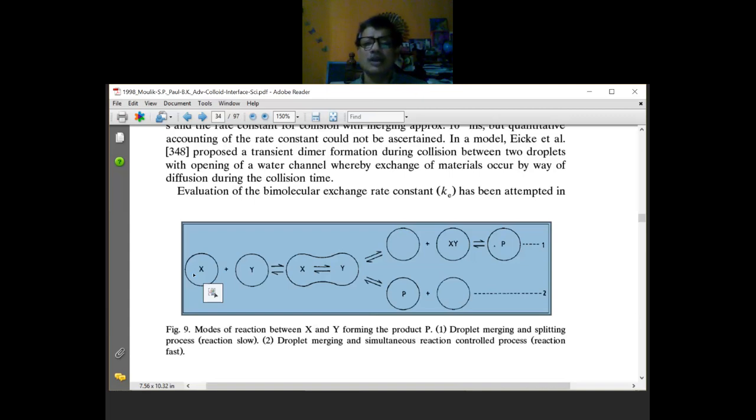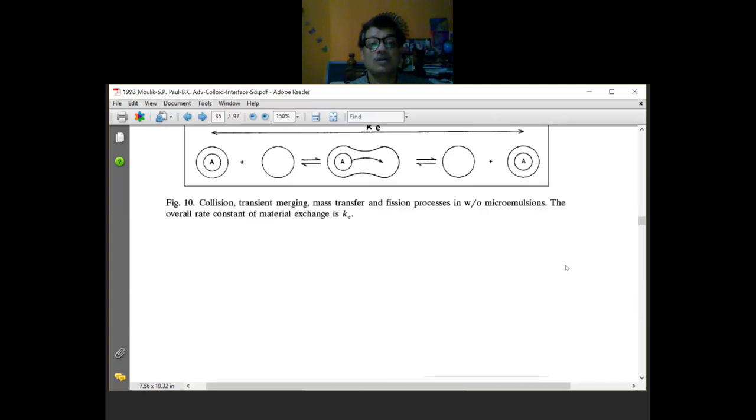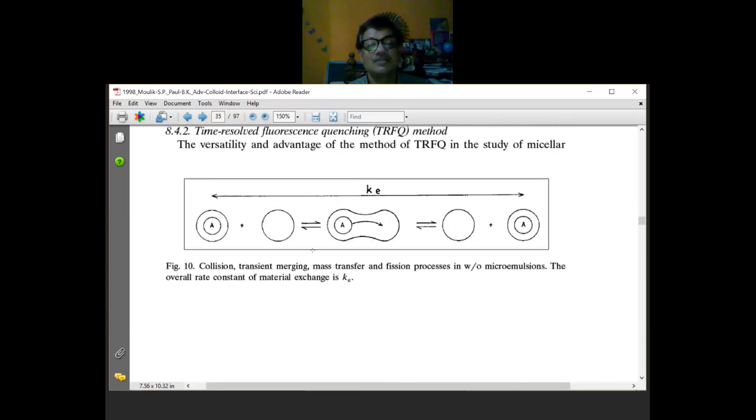This is the application I have already explained. If you have two microemulsion droplets, they will undergo fusion, there would be mass transfer and fission, and ultimately you will get the product. Or the electrical charge can be countered. You take a microemulsion, then you take a blank one or another one, and the charge will be transferred.